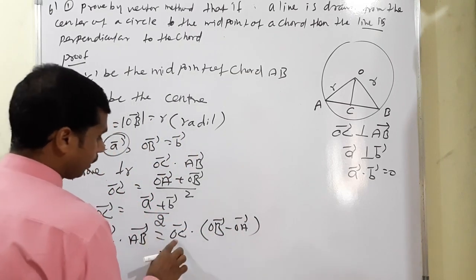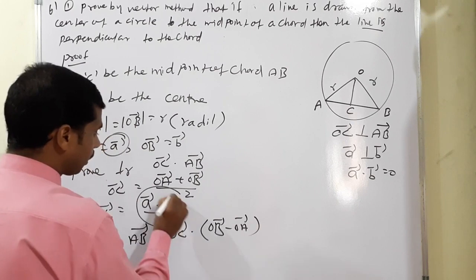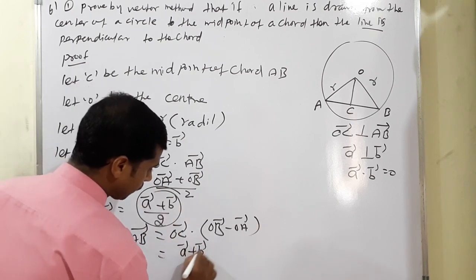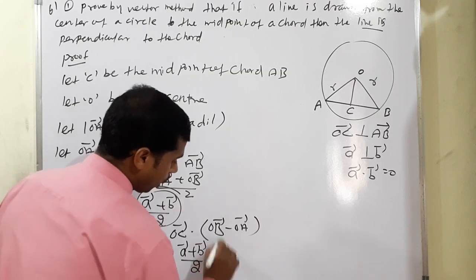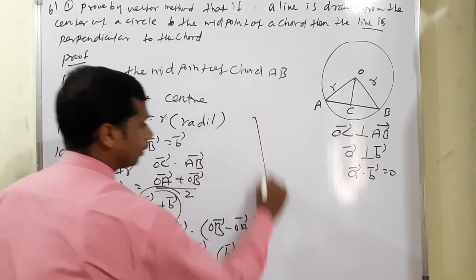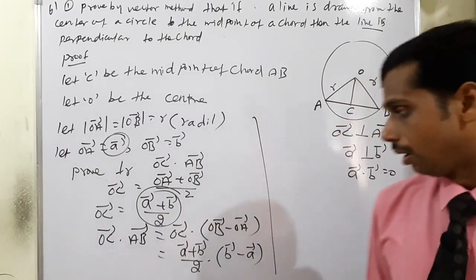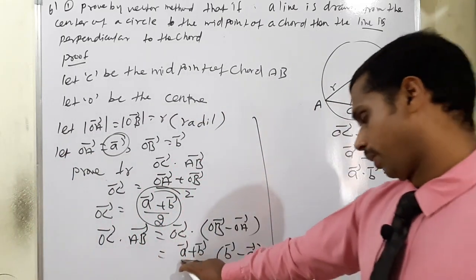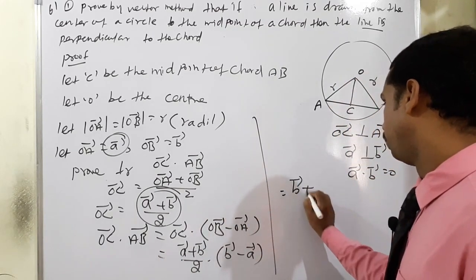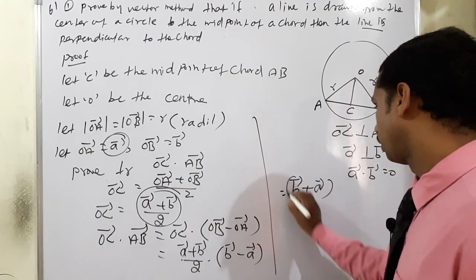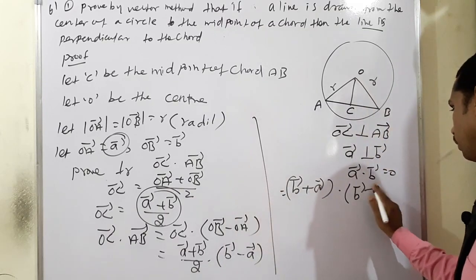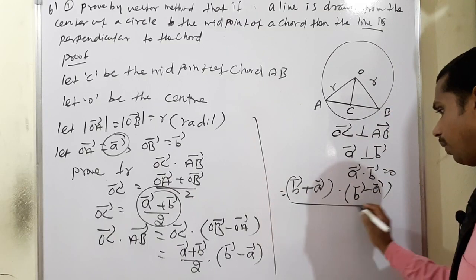Now look, already we found OC vector is equal to A vector plus B vector by 2. So A vector plus B vector by 2 dot OB vector minus OA vector, which is B vector minus A vector. Now we can interchange because plus is there on both sides, so it is B vector plus A vector dot B vector minus A vector, whole term divided by 2.